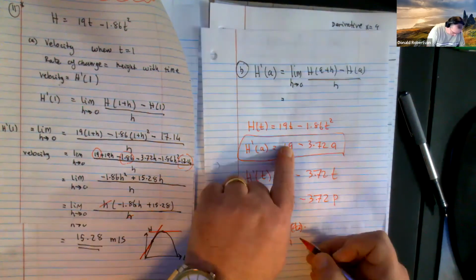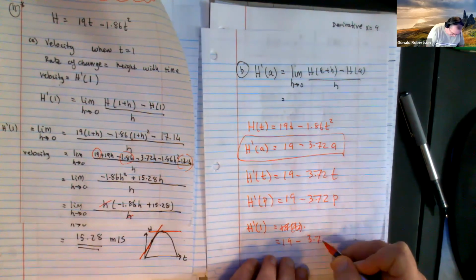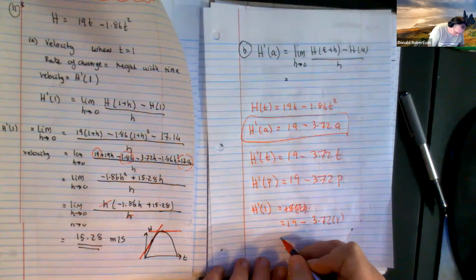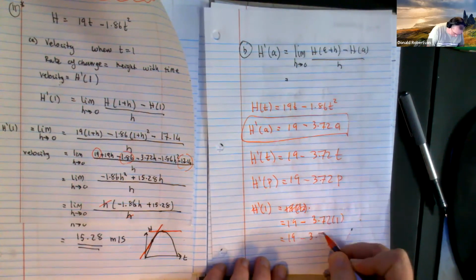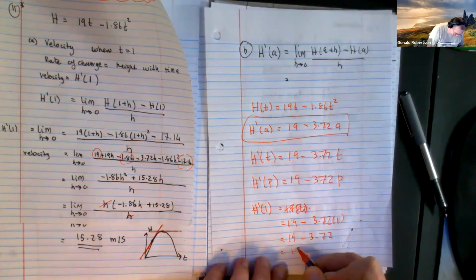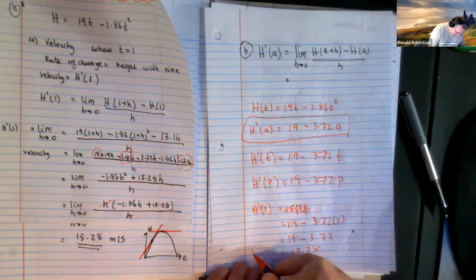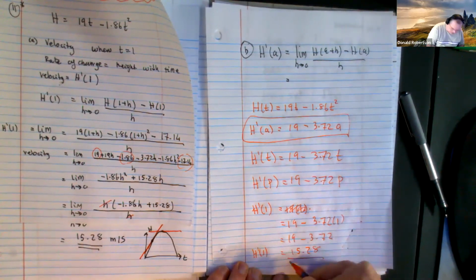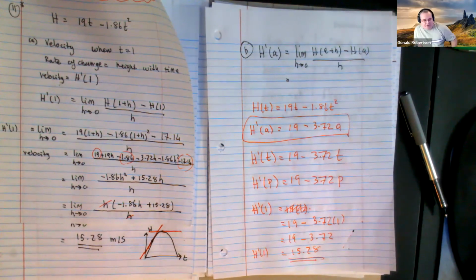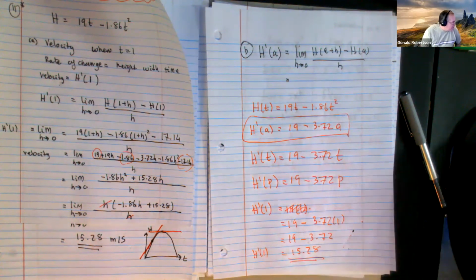It's 19, take away 3.72 times 1, which is 19, take away 3.72, which is 15.28. Wasn't that a lot quicker than having to do it this way? Do you like the shortcut? Multiply by the power and reduce the power by 1. It's going to make your life so much easier.